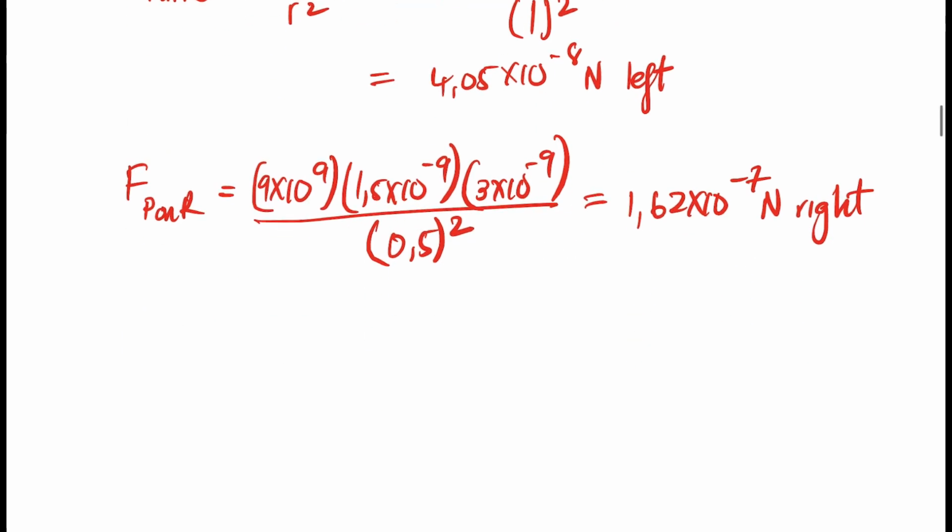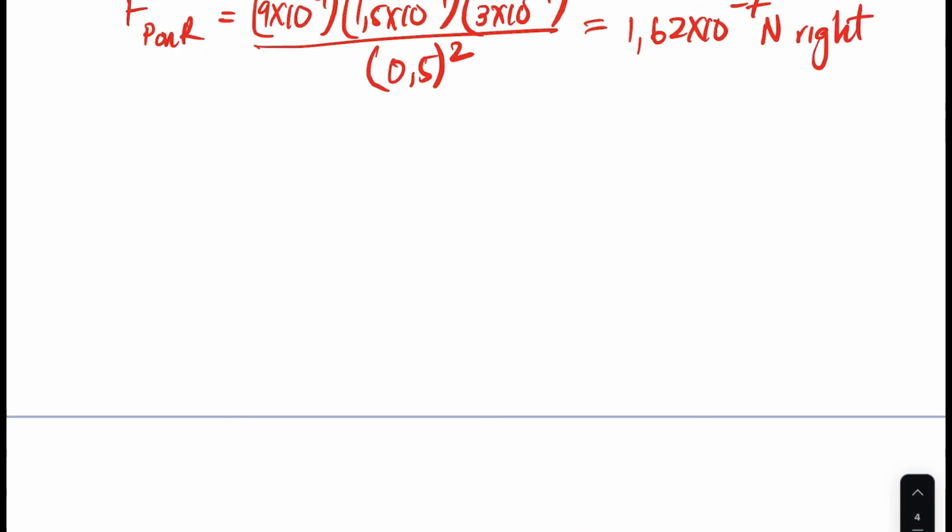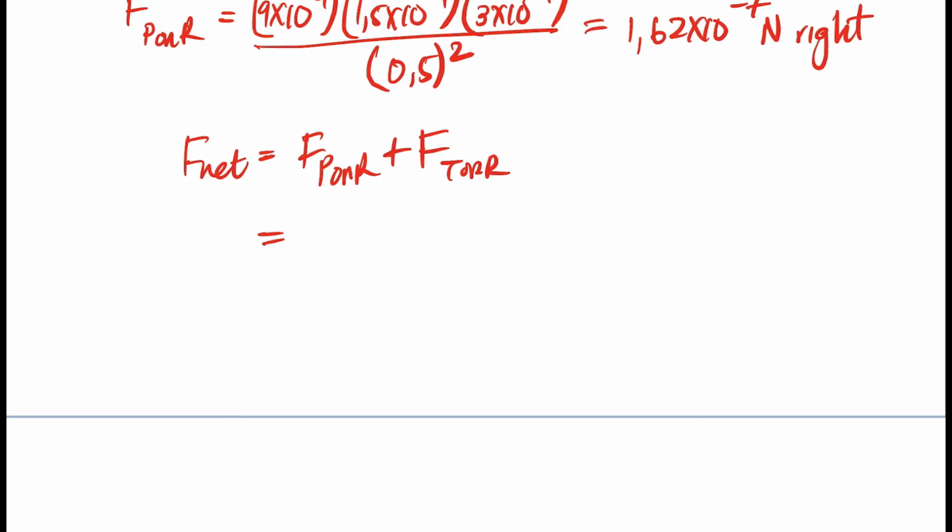Now for the net, since they are linear, guys, here they are linear charges like this, we just add when we want the resultant. So we'll have F net equal to the force of P on R plus the force of T on R. So the force of P on R is 1.62 times 10 to the power negative 7, plus the force of T on R, which is negative because it's going to the left, 4.05 times 10 to the power negative 8.